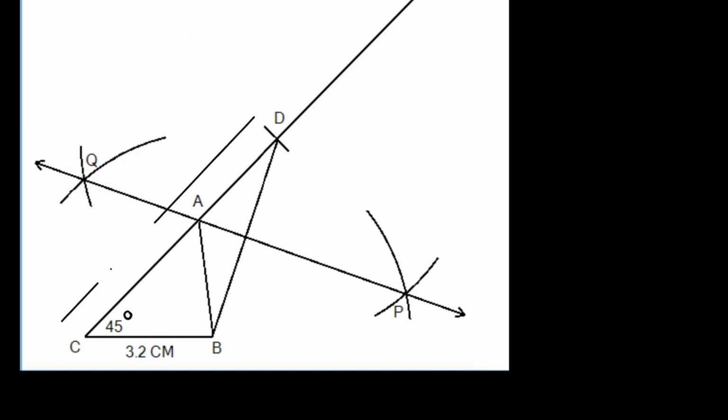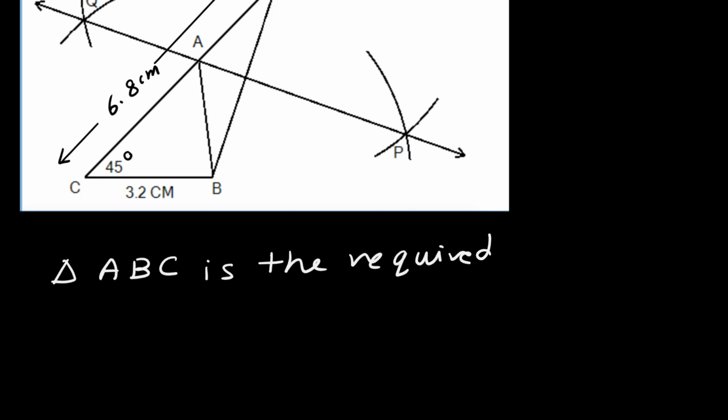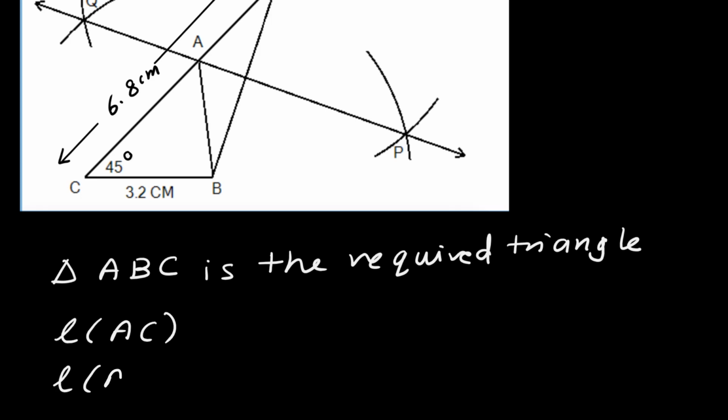What length? 6 point. So write the final answer: triangle ABC is the required triangle, and what is the length? What did you get? What did I get? And 6.8 means 6, right? It is 6.8, right?